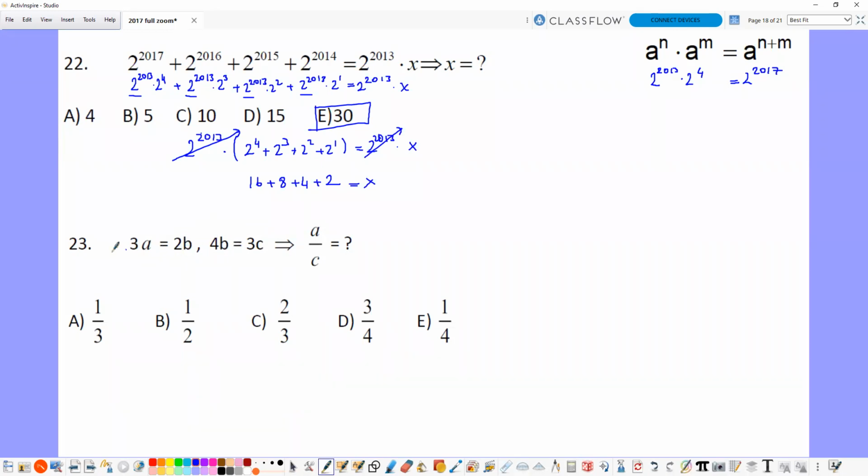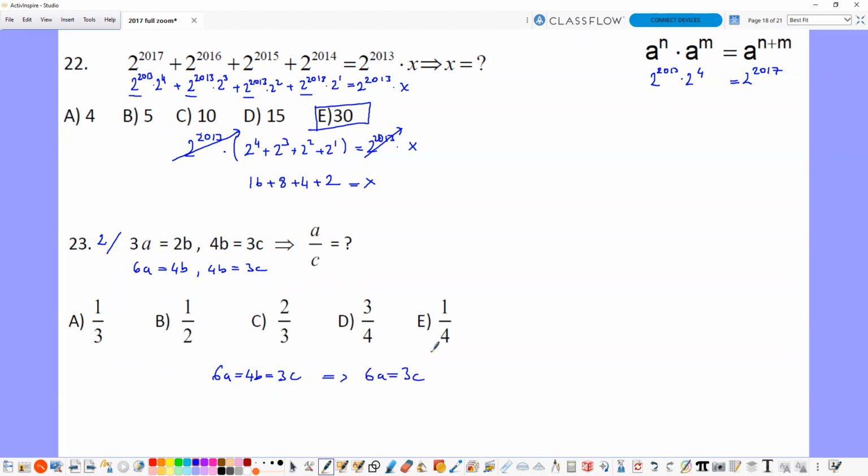If I multiply the first one by 2, it is equal to 6a equals 4b, then 4b is equal to 3c. Since these 4b's are equal to each other, 6a is equal to 4b, which is equal to 3c. If I eliminate this one, it becomes 6a is equal to 3c.